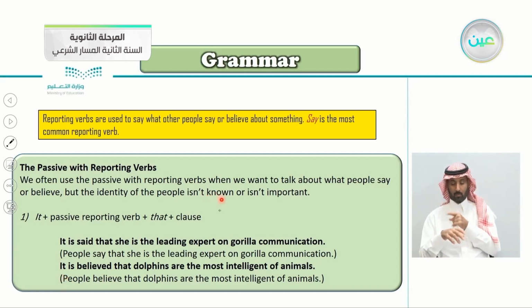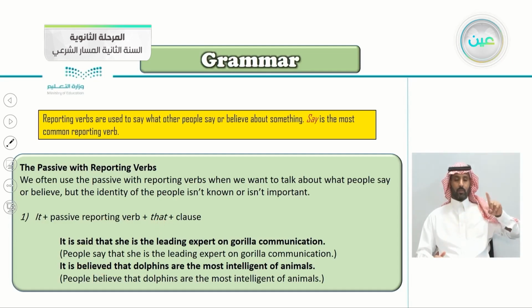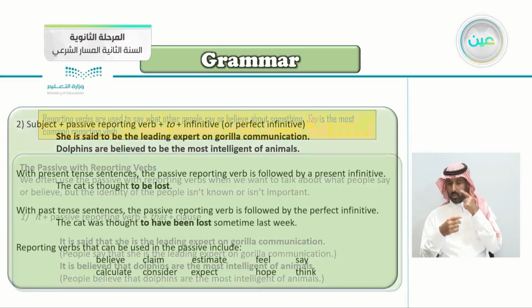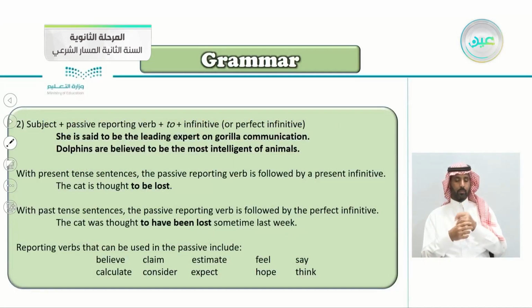It's not important, or we just don't know. So we begin with it, then the passive reporting verb, like said or believed, then the word that, then you continue with the clause: she is the leading expert, or dolphins are the most intelligent of animals.